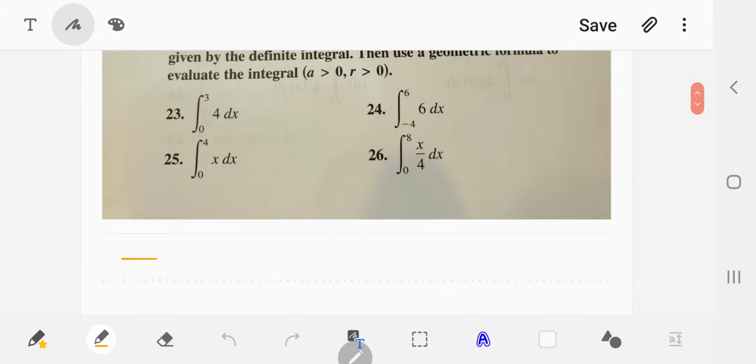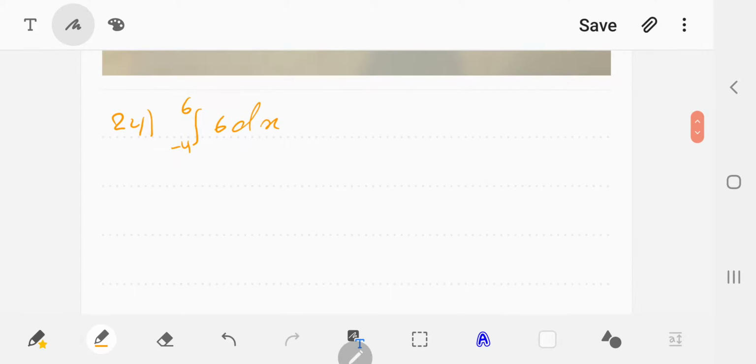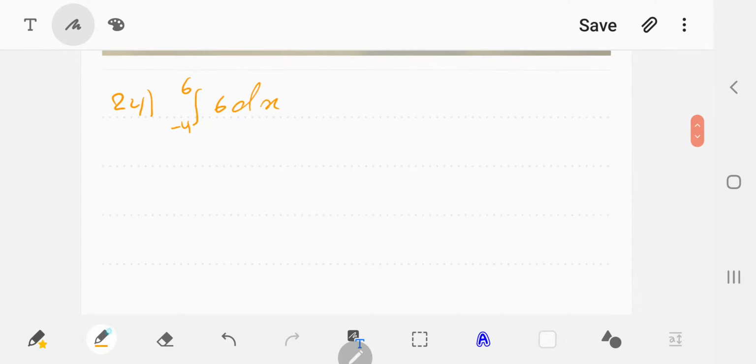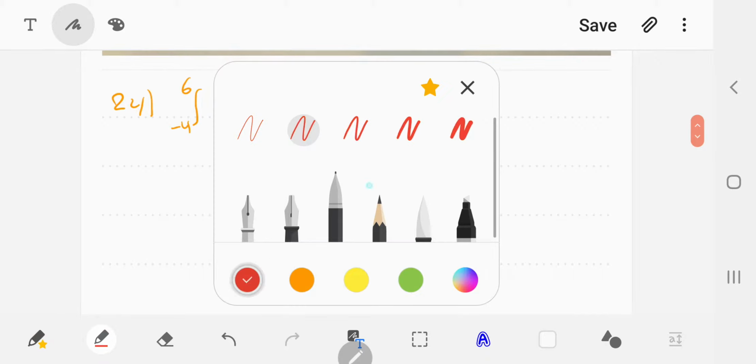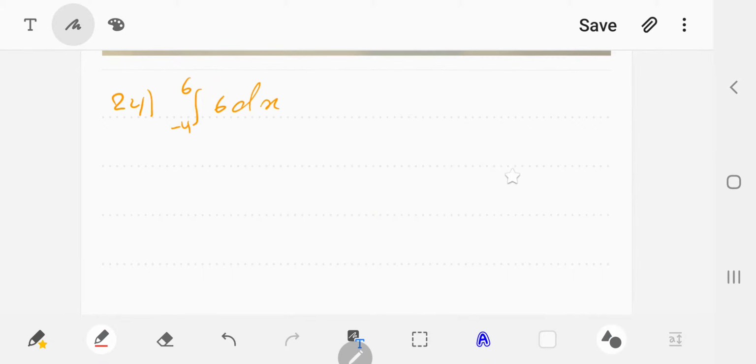So how do we do question 24? What does it say? Integration from -4 to 6 of 6 dx. Now, what does this mean? How am I gonna draw this? We need to draw it. -4 to 6.